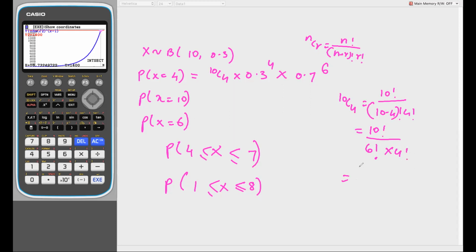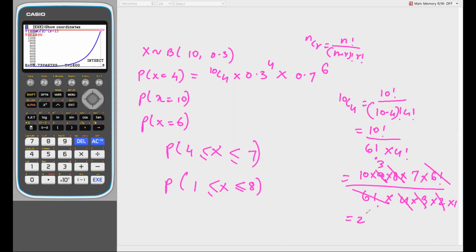Further, you can split this up. 10 factorial is 10 into 9 into 8 into 7 into 6 factorial, upon 6 factorial times 4 times 3 times 2 times 1. So 6 factorial gone, 4 2s are 8, 8 gone, and 3 3s are 9, 9 gone. So you get the answer as 210.